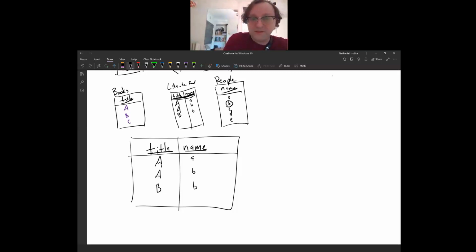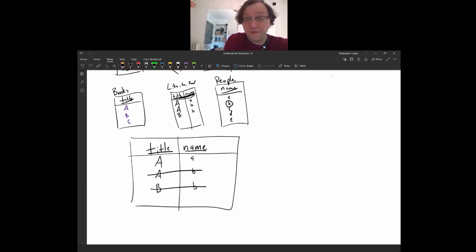So if these were the keys, then this entry would be bad because of the title, and this entry would be bad because of the name. So if you key things like this, then you're making sure that people can only appear at most one time, and books can also only appear at most one time.